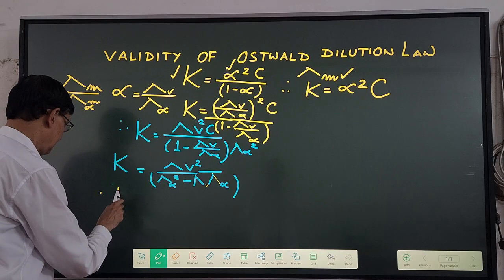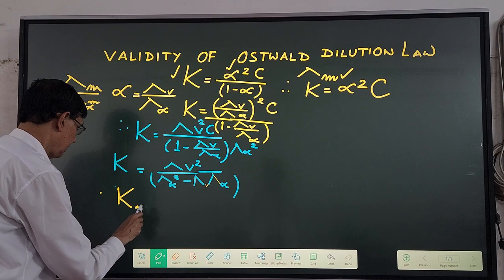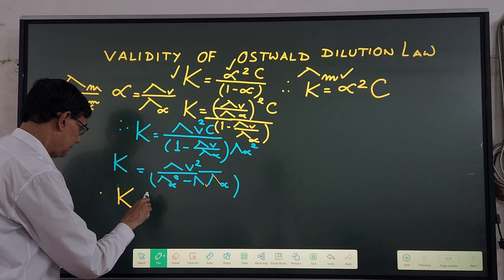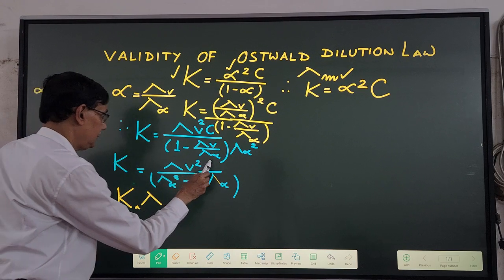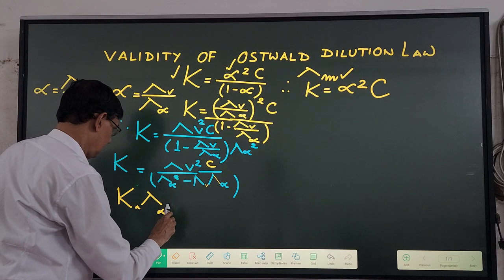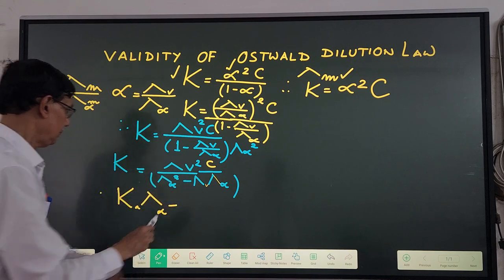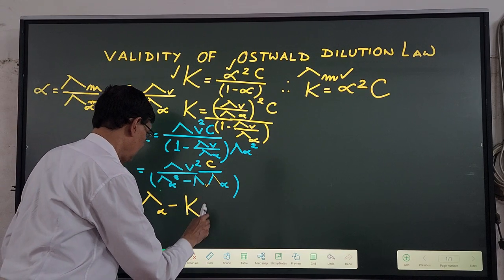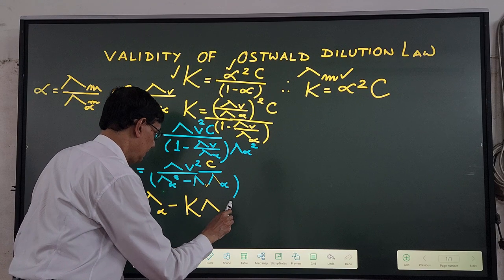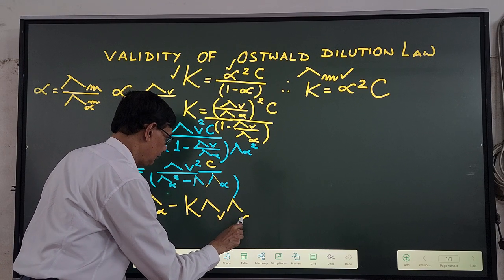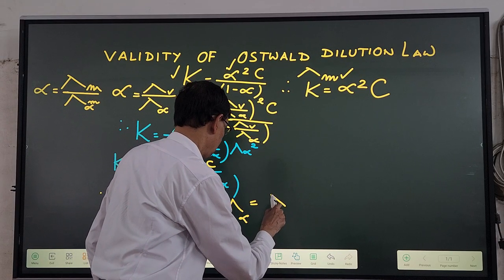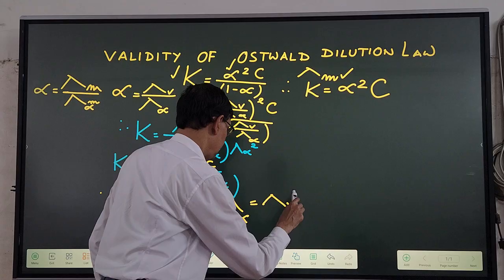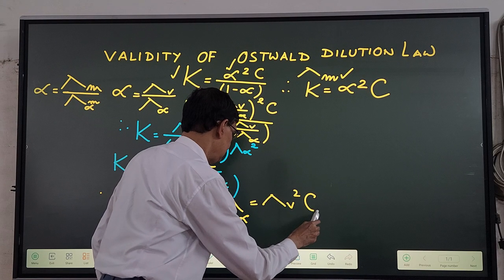I can write K multiplied by this, lambda infinite into lambda infinite minus lambda_v, is equal to lambda_v square and C.